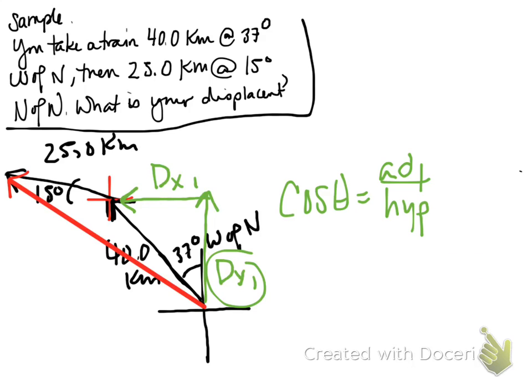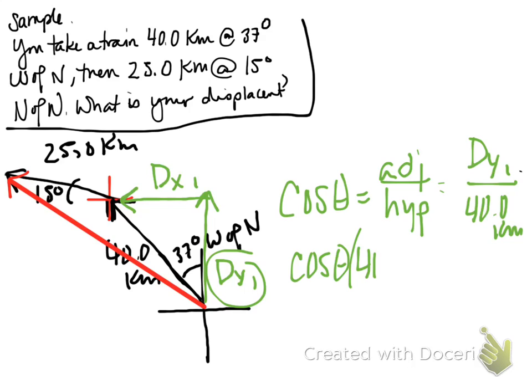Right. Because we know that the cosine of theta is equal to the adjacent over the hypotenuse. And in this case, that's going to equal the displacement on the y1 over our 40.0 kilometers. So we can solve that and say that cosine of theta times 40.0 km equals dy1.